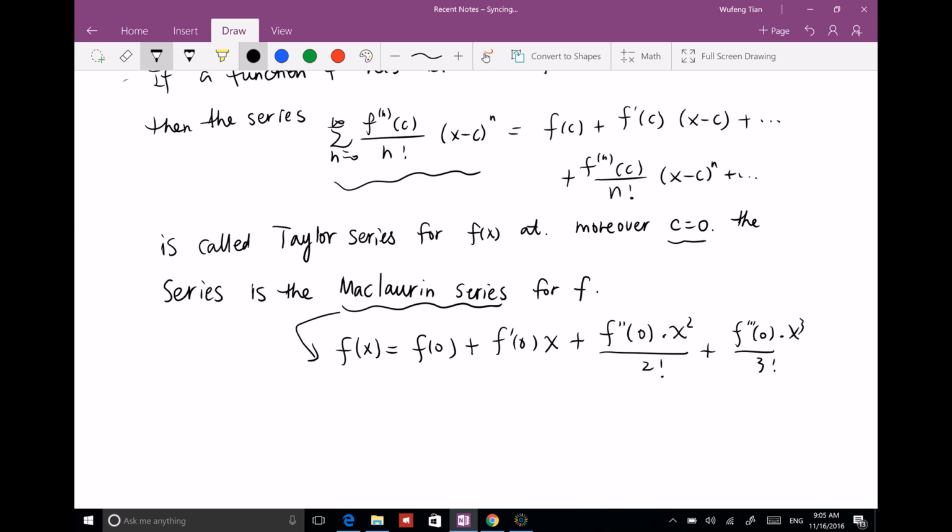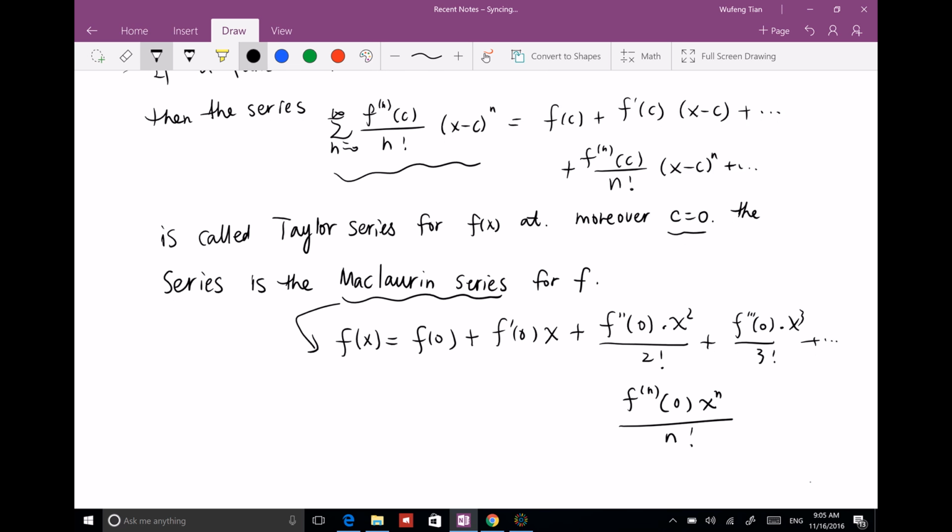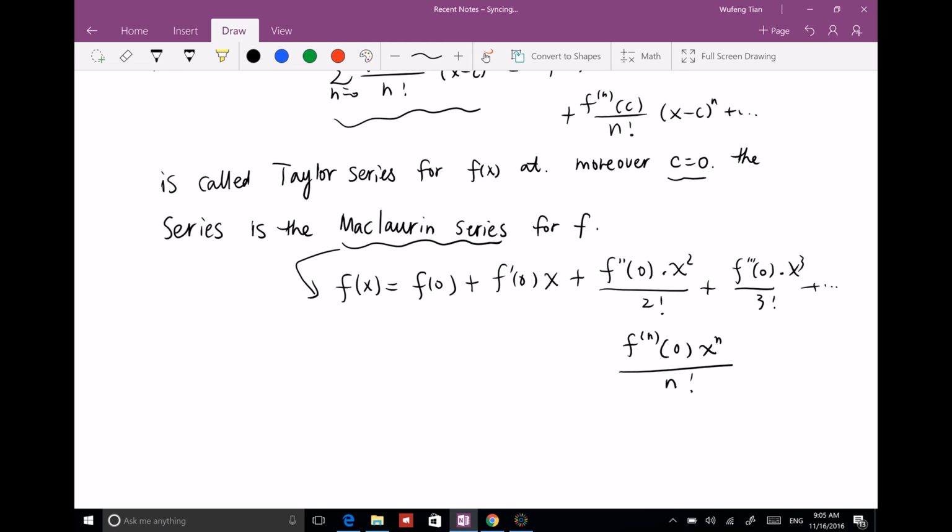You can continue, the nth derivative of 0 times x to the n over n factorial. Then we use this formula to find the Maclaurin series for sine x. We just need to find f(0), f prime of 0, the second derivative, the third derivative, the nth derivative at 0. That's what we need to do.